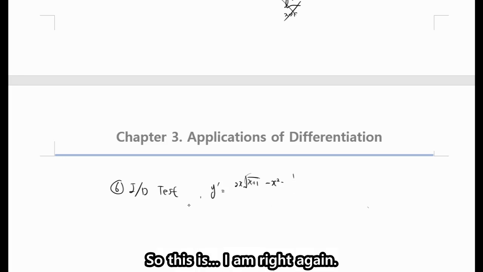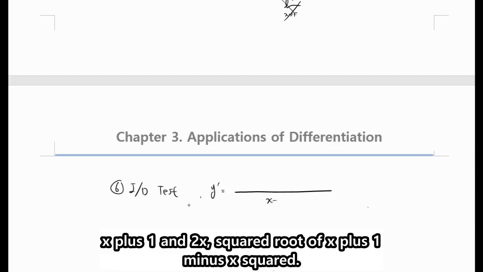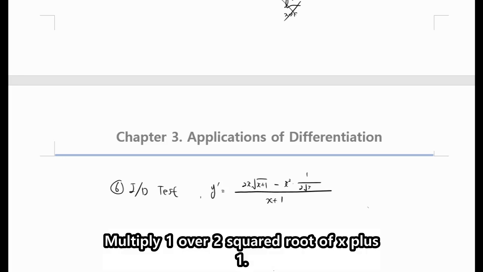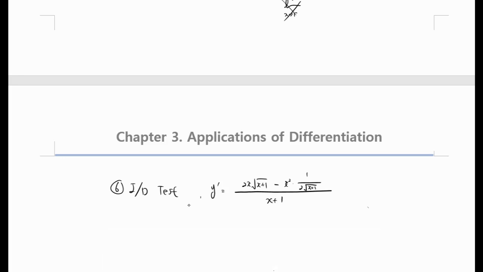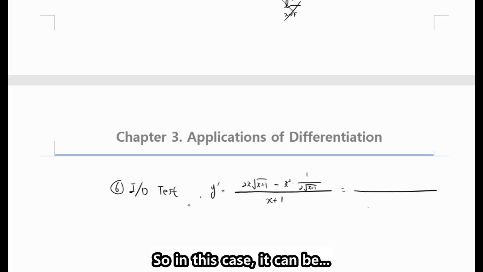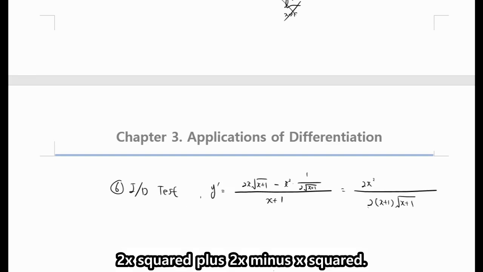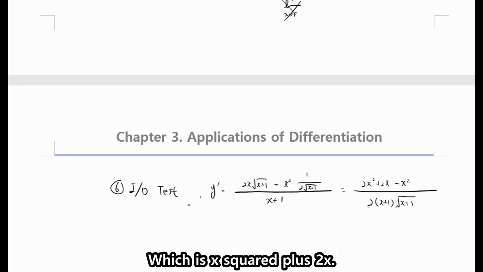So I write again: (square root of x plus 1 times 2x minus x squared times 1 over 2 square root of x plus 1), all over x plus 1.